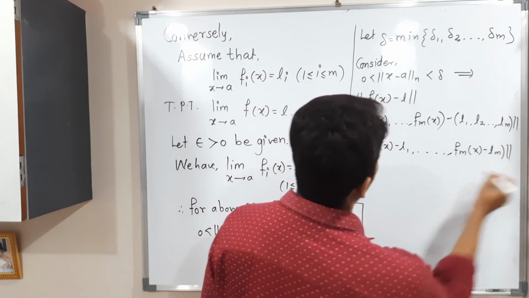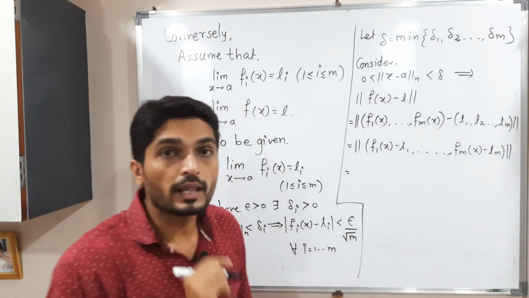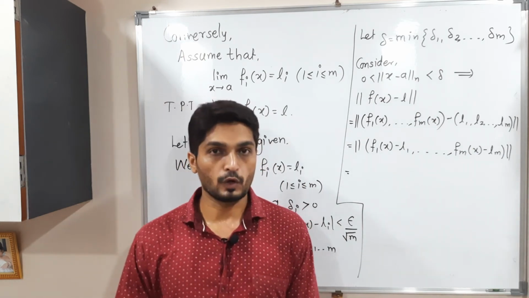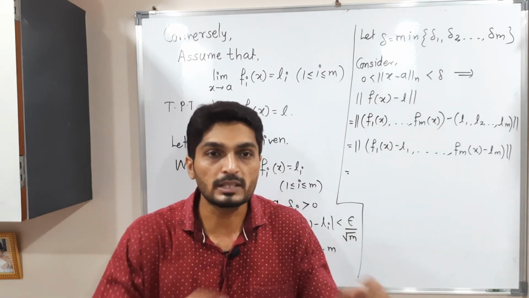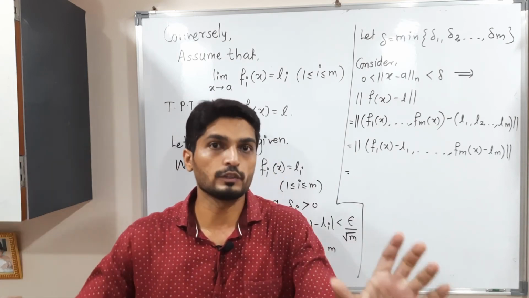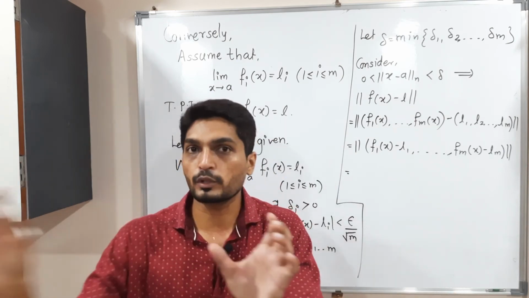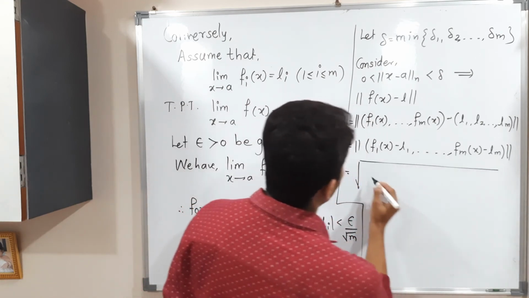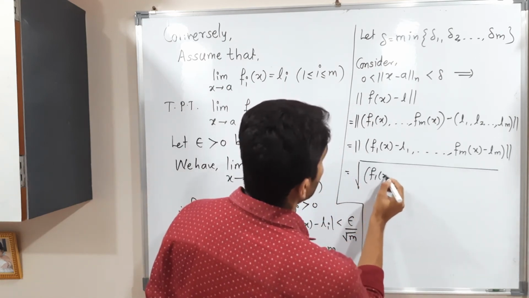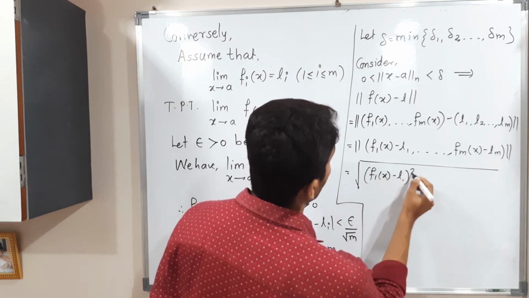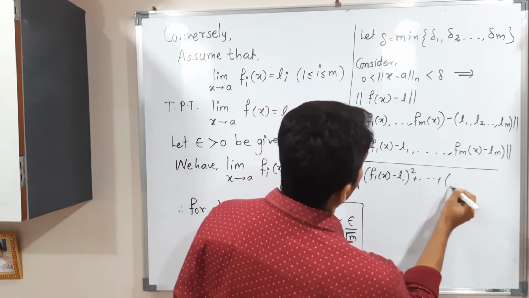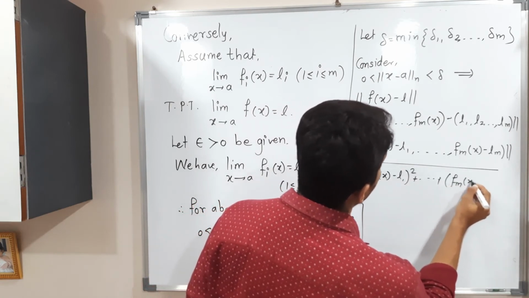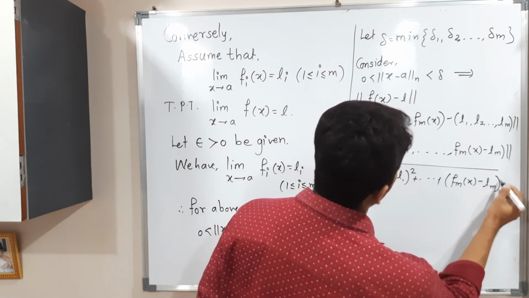The definition of norm is the square root of the square of the first component plus the square of the second component and so on. So square root of (f1(x) minus L1) squared plus and so on, (fm(x) minus Lm) squared.